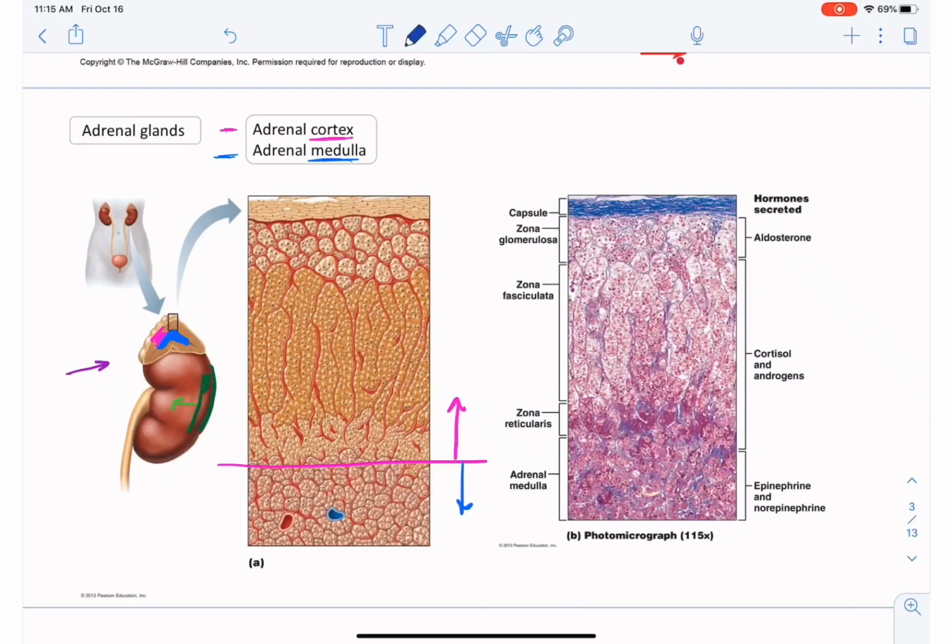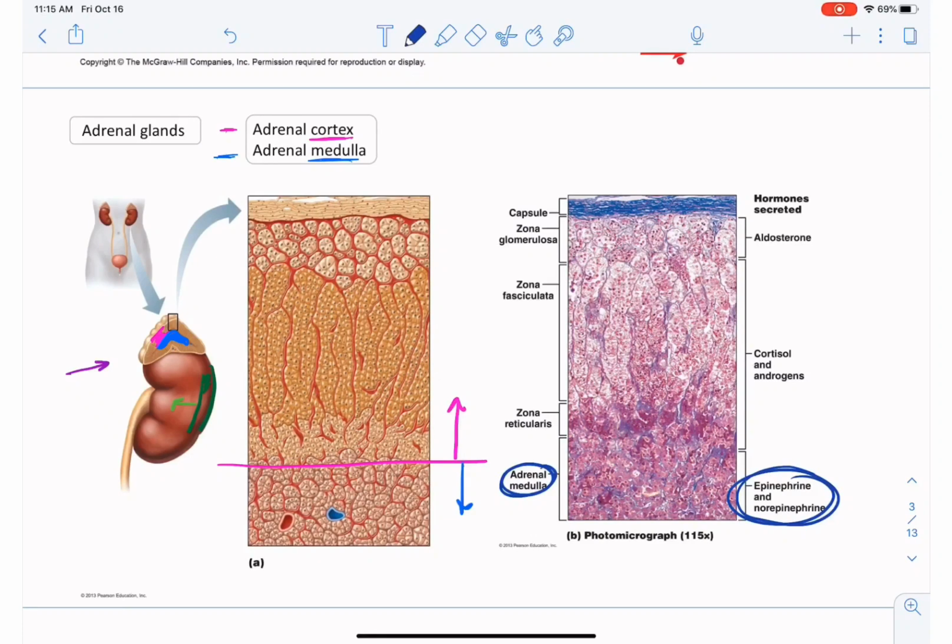So the adrenal gland is an endocrine organ, but different regions of the gland are going to produce different hormones. And let's start down with the adrenal medulla. The adrenal medulla specifically is going to release the hormones epinephrine and norepinephrine. Now, really, epinephrine and norepinephrine are neurotransmitters.